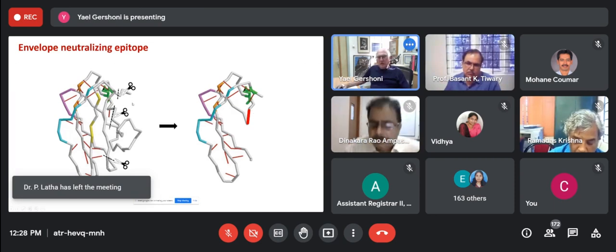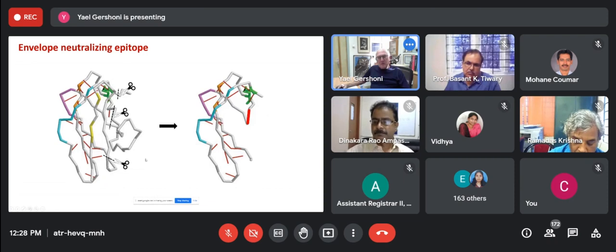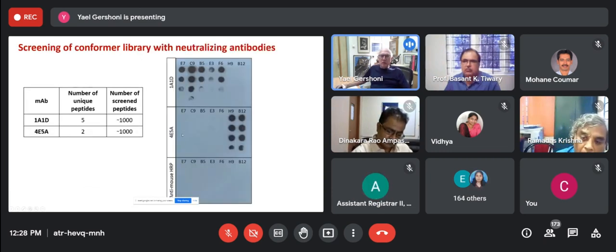So we took the complete D3, we cut it in a number of places, introduced combinatorial linkers, and then screened against 2 neutralizing antibodies, 1A, 1D, and 4E, 5A.